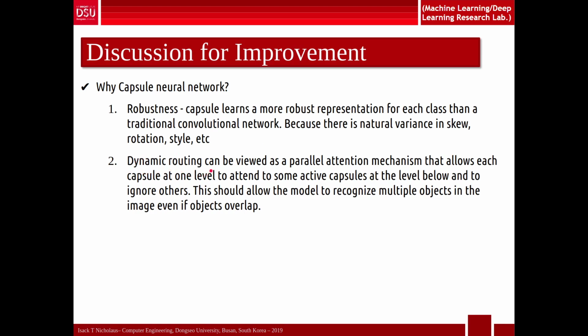Dynamic routing, a feature of the capsule network, can be viewed as a parallel attention mechanism. So we have several attention mechanisms inside this capsule network, which can guarantee that the model focuses on very important features and ignores the rest, which are not important to differentiate between the domains.